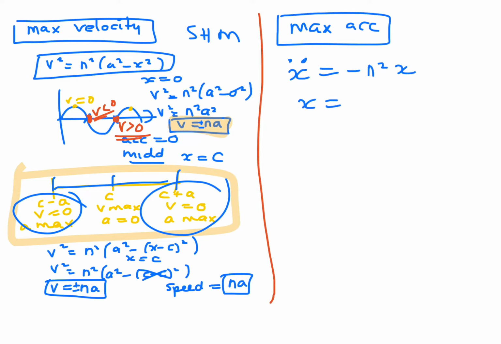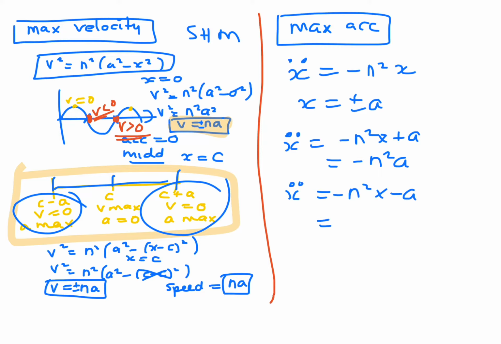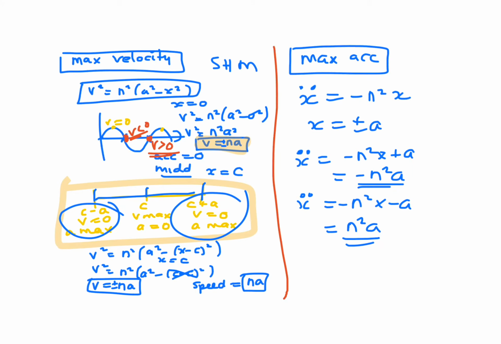So at the endpoints, x equals plus or minus a. So your maximum acceleration could be minus n squared times plus a, which is minus n squared a, or it could be minus n squared times minus a, which equals n squared a, depending on what position you're at. But the maximum acceleration is at either endpoint, when the velocity is equal to 0.